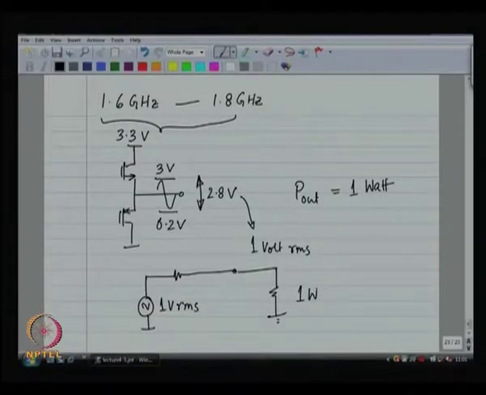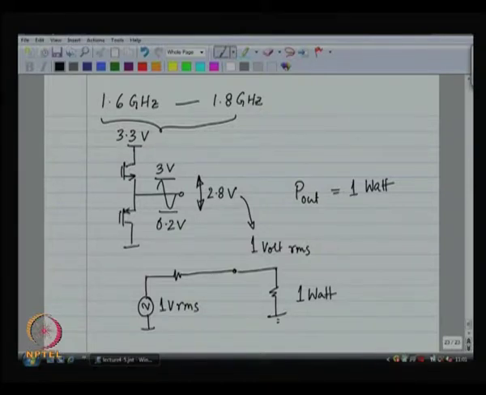You need to have larger and larger area requirements for the power amplifier to have such a low source resistance. So, I want to know what is the maximum source resistance, what is the load resistance, such that I get 1 watt of power on the load.